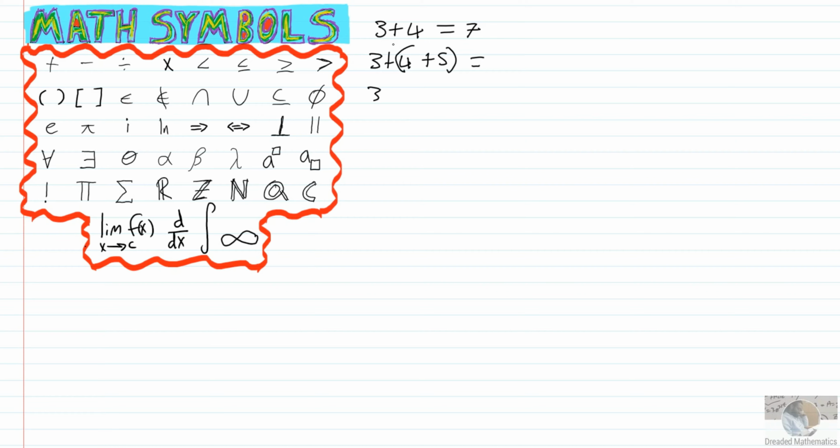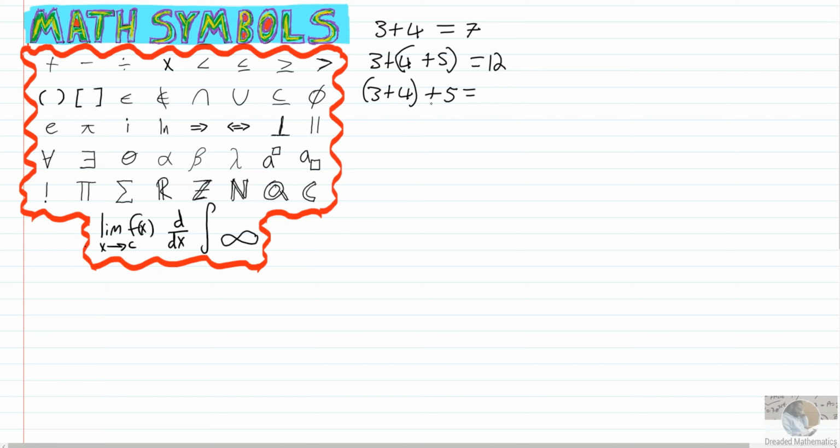Versus if we say 3 plus 4 plus 5 and we group the 3 and the 4. Then the question is, are these two statements equivalent? Well, 4 and 5 is 9. 9 plus 3 is 12.